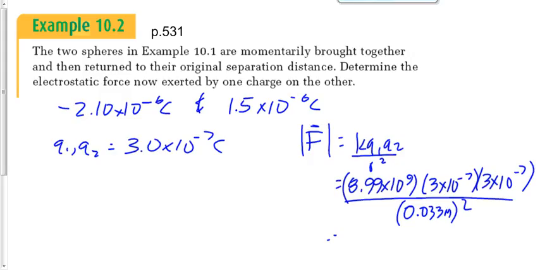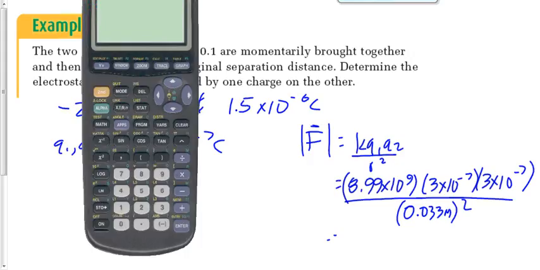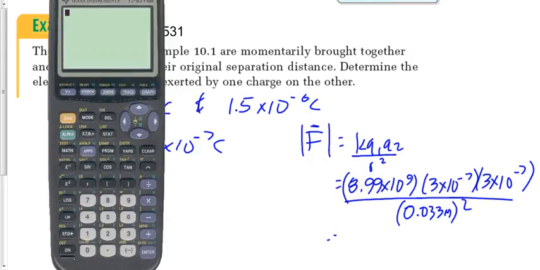So figure out what that is now. 8.99 times 10 to the 9 times 3 times 10 to the minus 7 times 3 times 10 to the minus 7 divided by, use some brackets on the bottom here, 0.033 squared. We get 0.743.